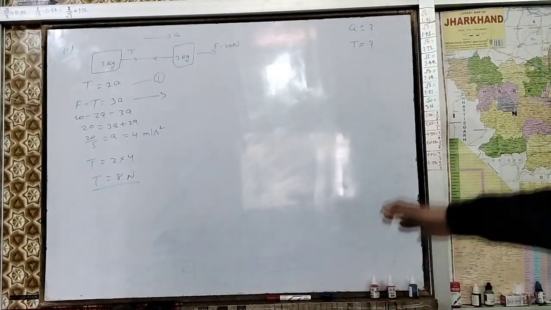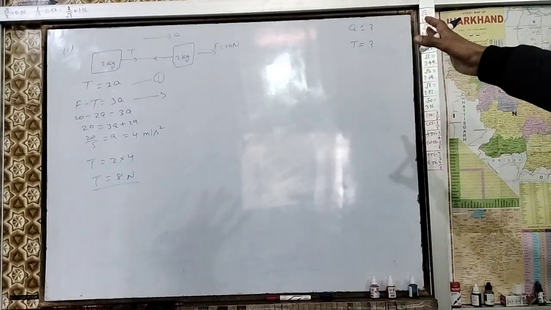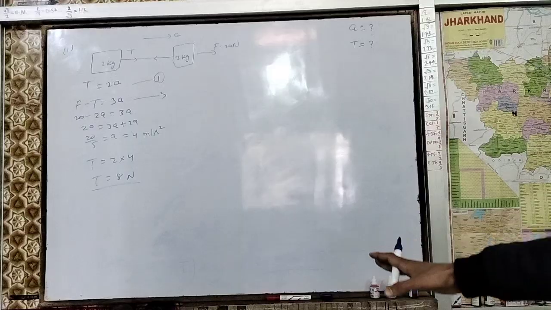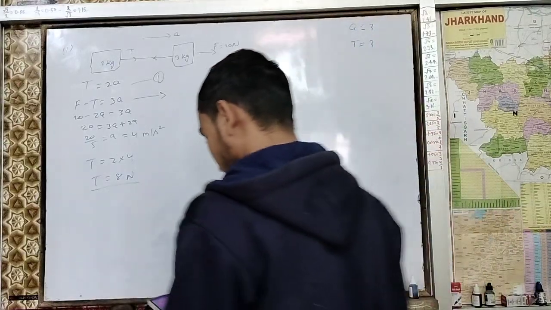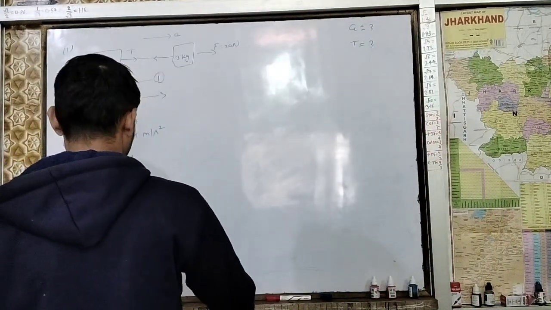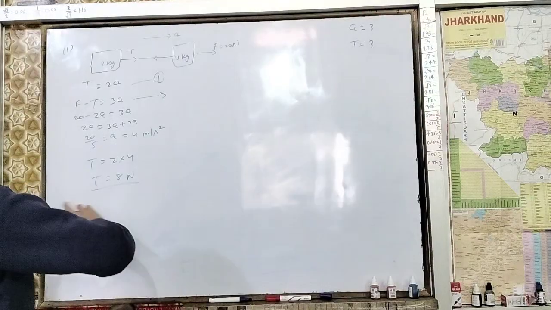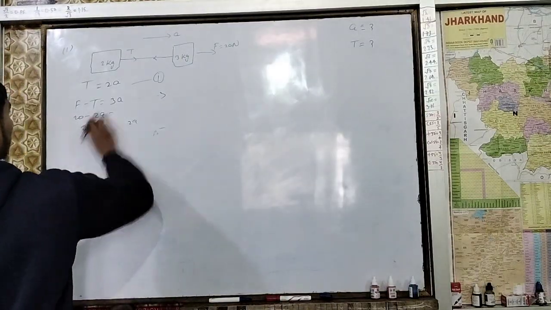So T is 8 Newton, and a is 4 meter per second raised to power 2. That's it. Now second question. This is done, okay? Now next question.